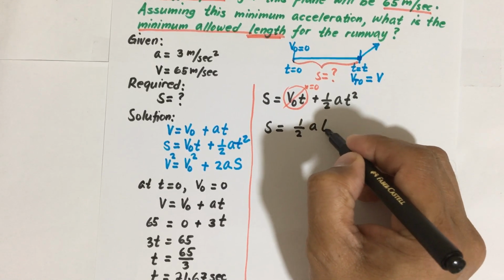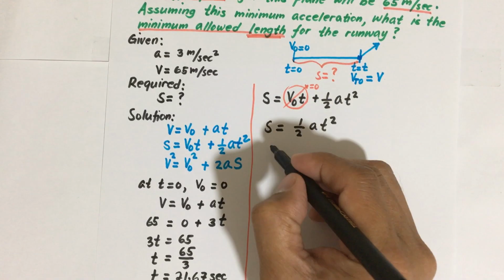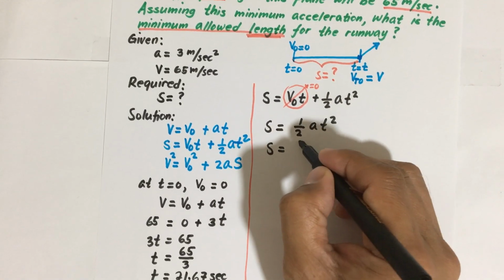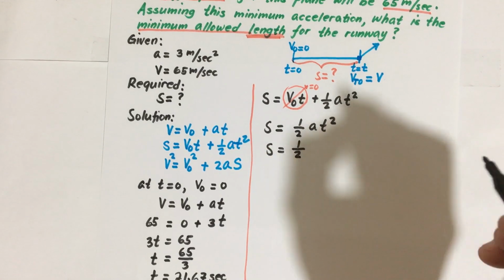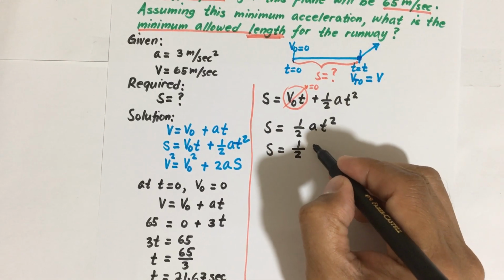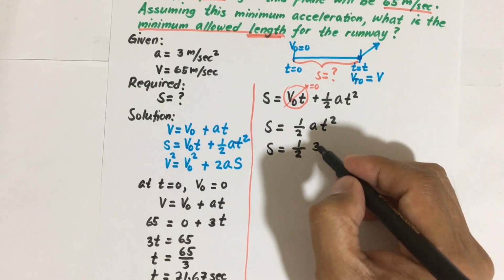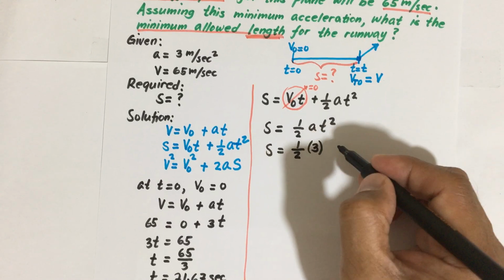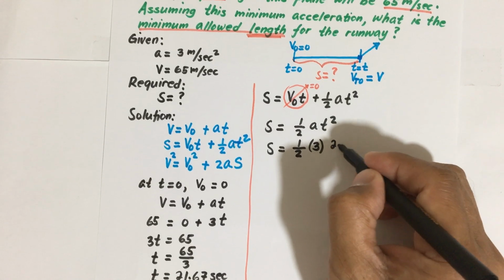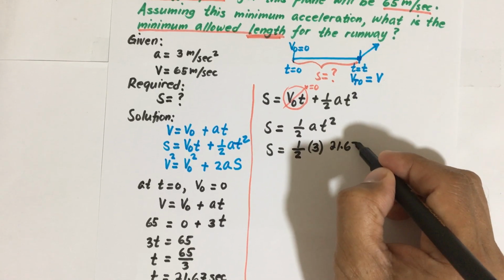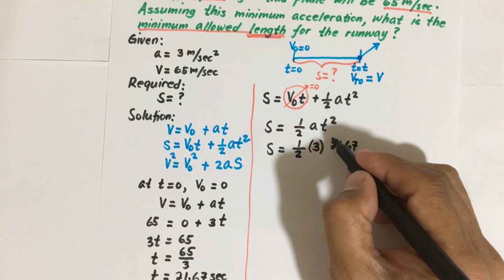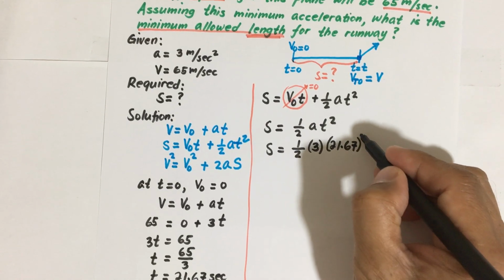So s is equal to 1/2 times the acceleration, which is 3 meter per second squared, multiplied by the time, which is 21.67, squared.